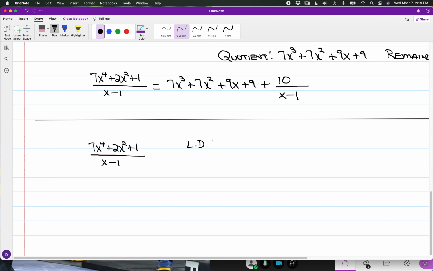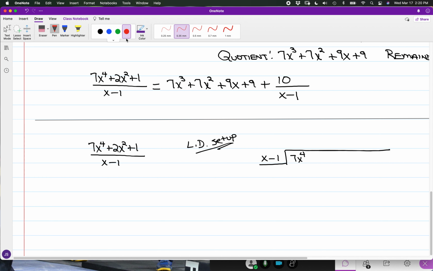So LD for long division. Again, we had x minus 1 into 7x to the fourth.